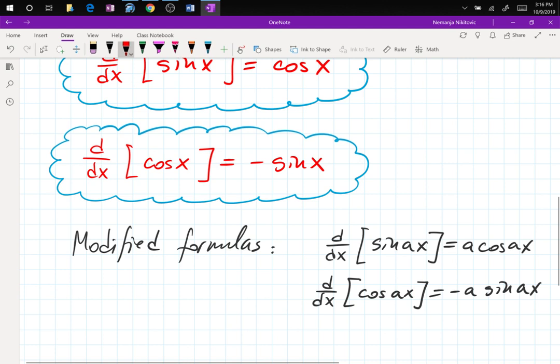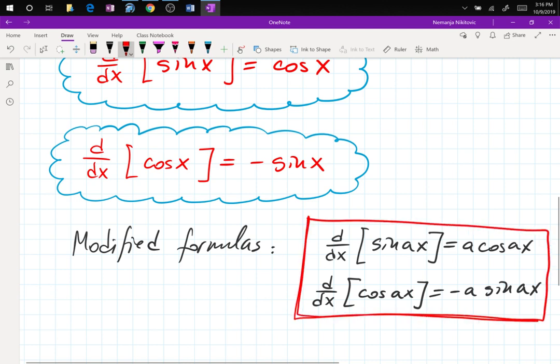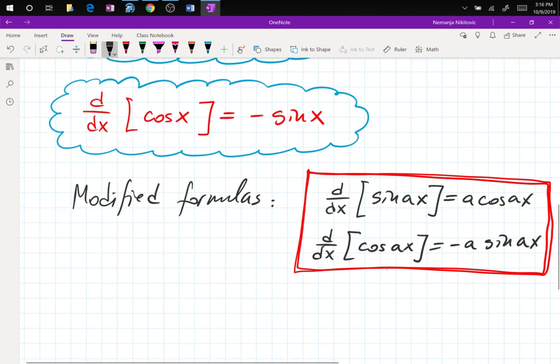Now, I'm going to obviously box this because they will take care of sine of 3x and so on. So now, if you're asked to find the derivative of sine of 3x, you know it's 3 cosine 3x. So that a is 3 in this situation.